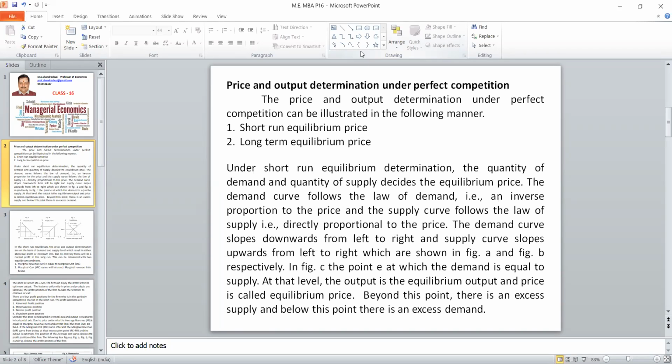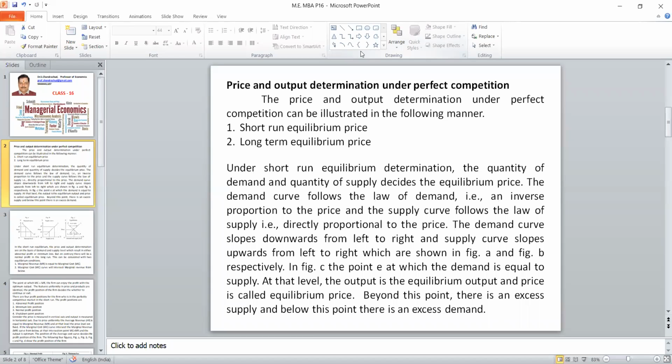Based on the law of demand, the demand curve slopes downwards from left to right, but the supply curve slopes upwards from left to right. So demand has an inverse relation with the price, and supply has a direct relation with the price. Where these two curves intersect is called equilibrium.